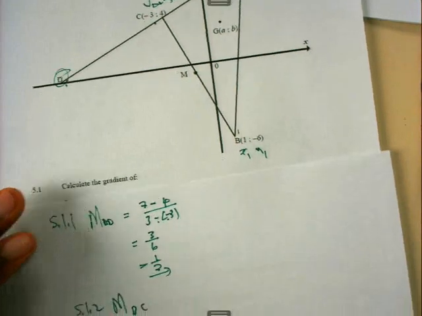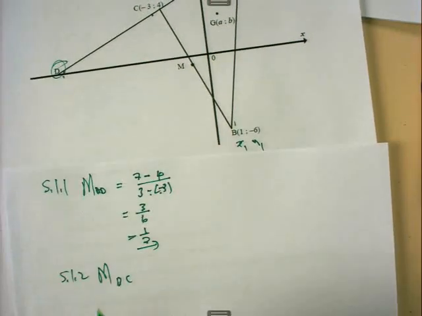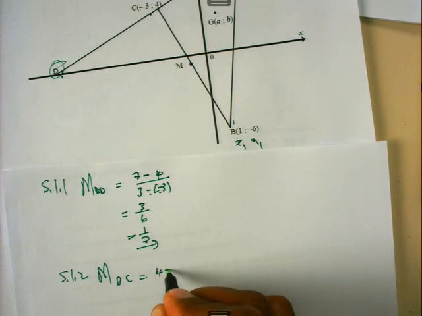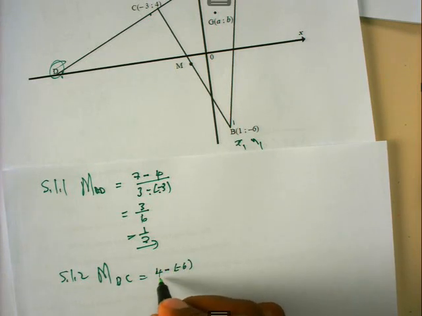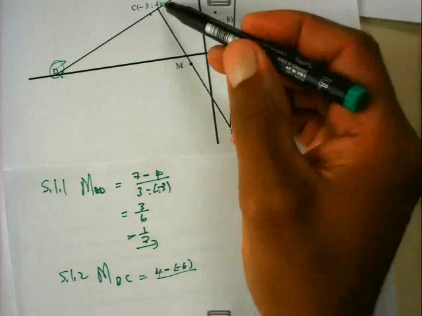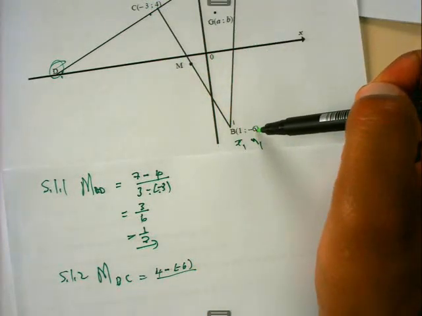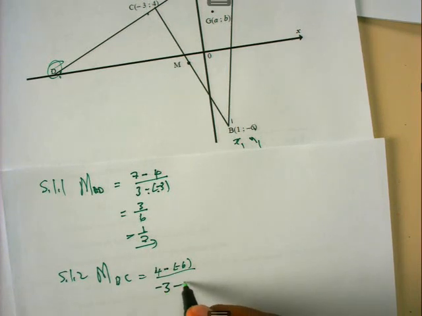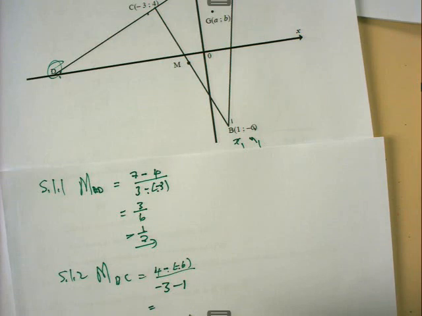The gradient of BC, now we have y2, that is 4 minus 6. Good. We divide it by minus 3 minus 1. Now negative times negative is a positive, so 4 plus 6 is a 10.